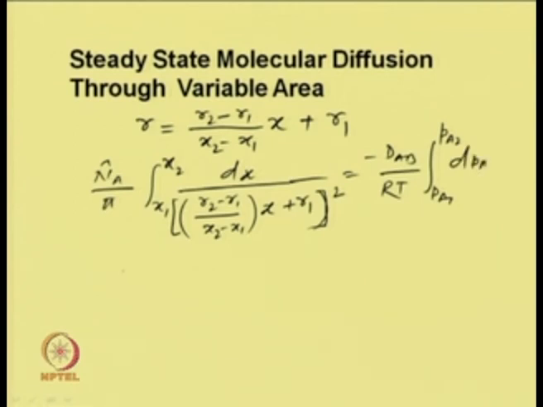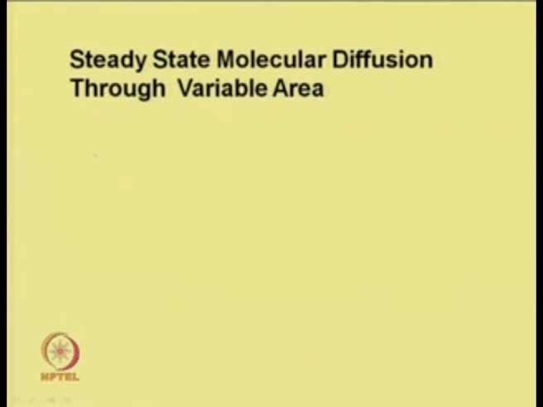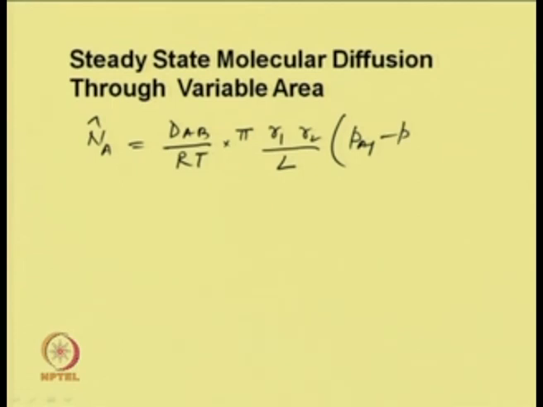If we integrate with the limits, at x is equal to 0, PA is PA1, and at x is equal to L, PA is PA2, Na cap will be DAB by RT into pi R1 R2 by L into (PA1 minus PA2).